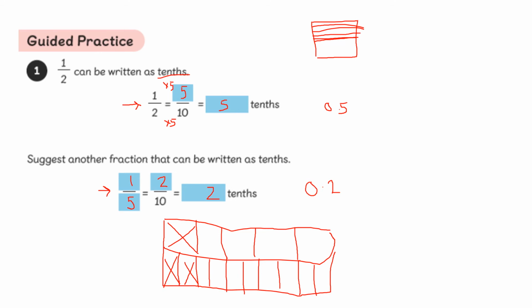But here we're using a different multiplication. Can you spot it? Brilliant. This numerator is being multiplied by 2 and this denominator is being multiplied by 2 as well. So we've got those two different methods. Don't worry if it looks a bit confusing. Please click on and we're going to continue to crack on with this. Well done.